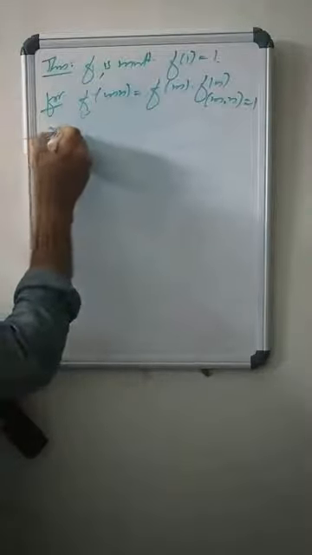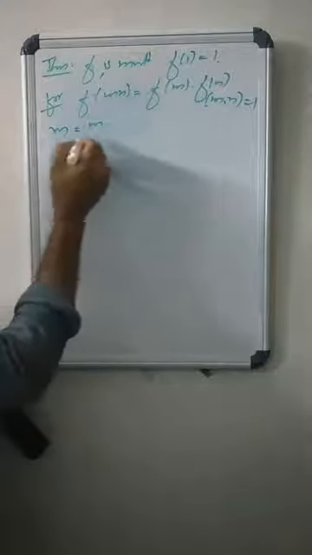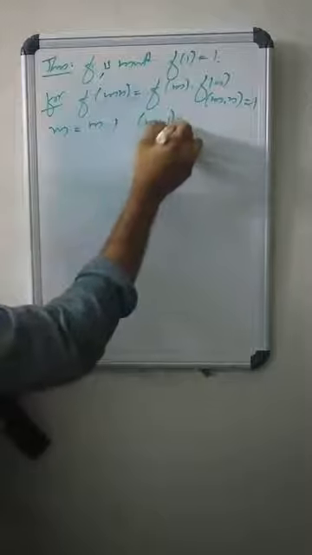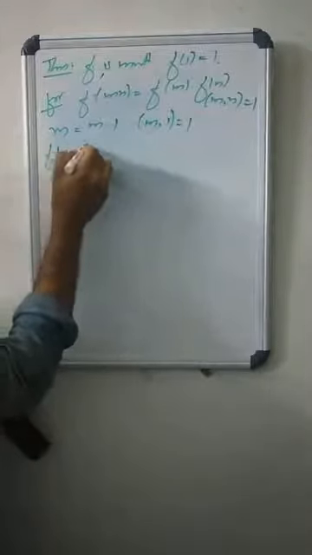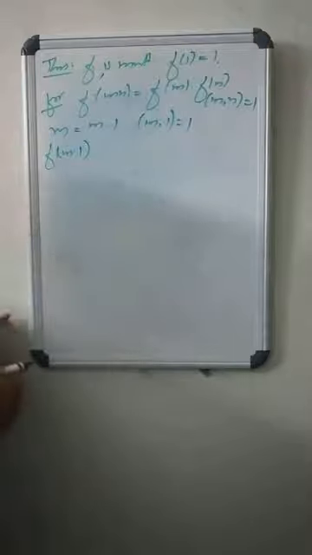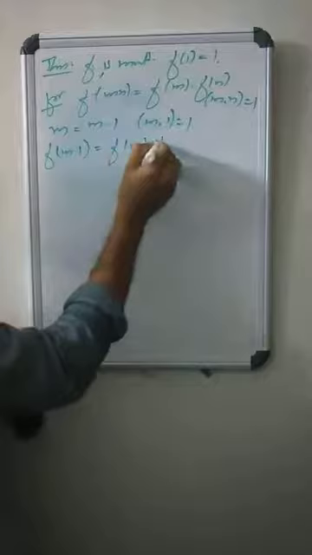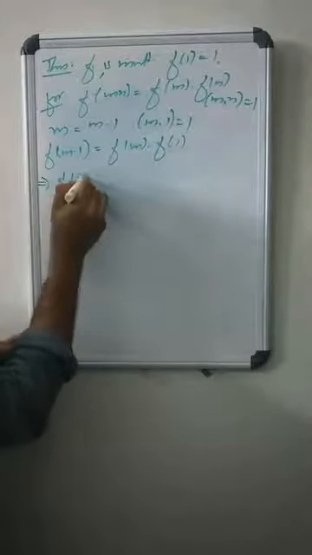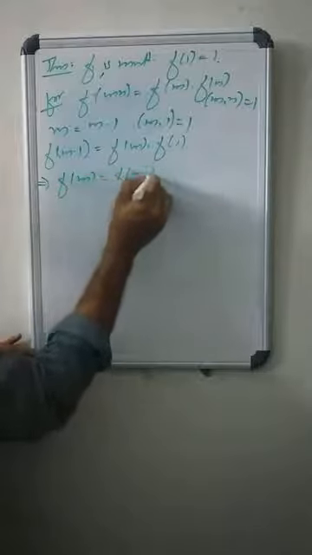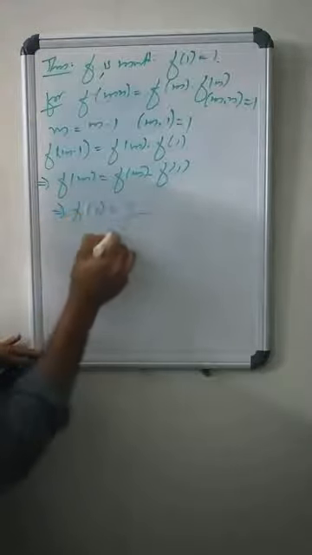Consider m. What is m? m can be rewritten as m into 1. Since m and 1 are relatively prime, and f is multiplicative, f of m into 1 is f of m into f of 1. That means f of m equals f of m into f of 1, so f of 1 equals 1.